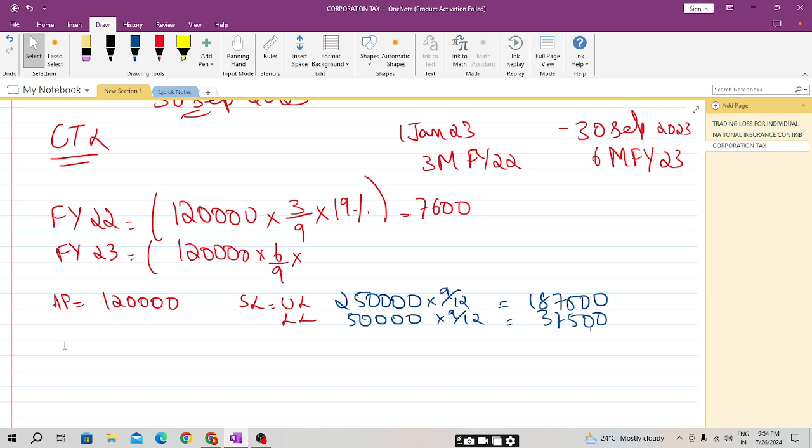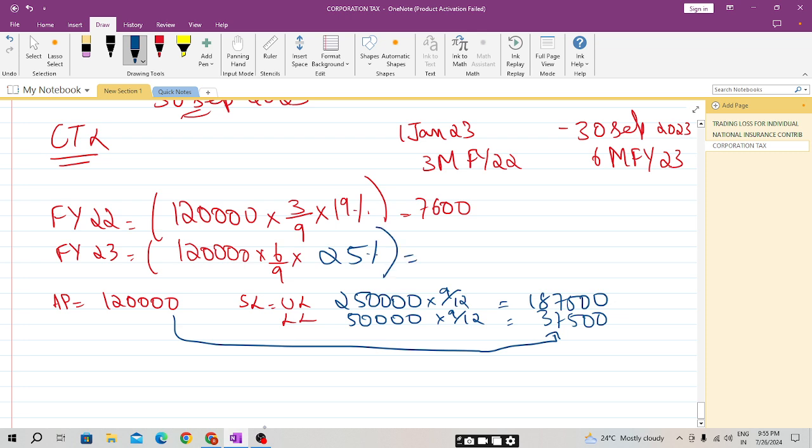I hope, students, this is clear. Now, as the augmented profit is falling between the limits, it will be paid at the marginal rate. So it will be 120,000 into 6 divided by 9 into 25%, which is 20,000, but less marginal relief. Now we will calculate the marginal relief.